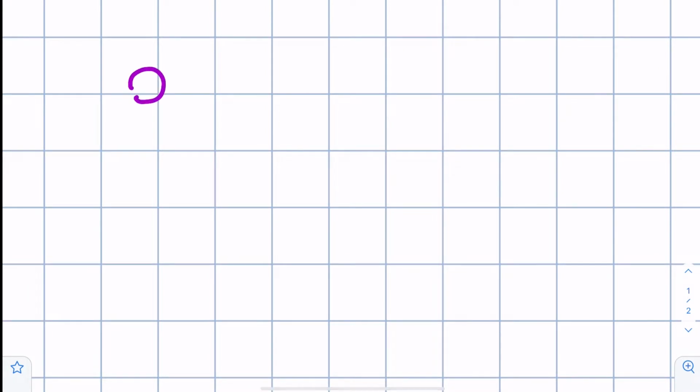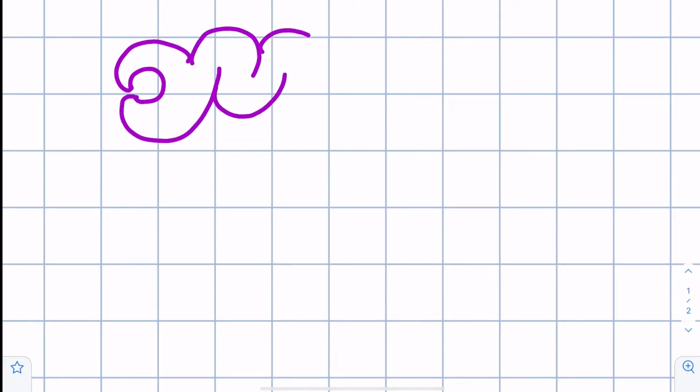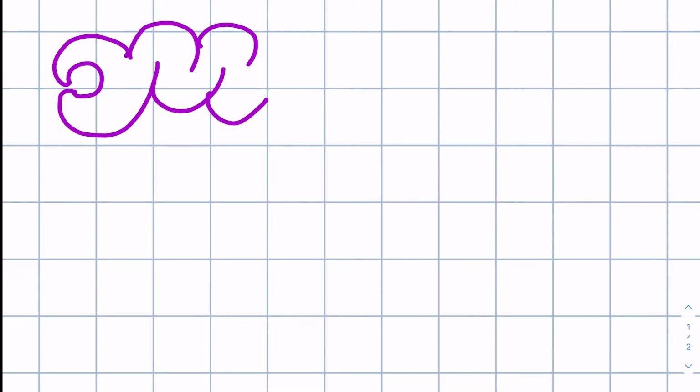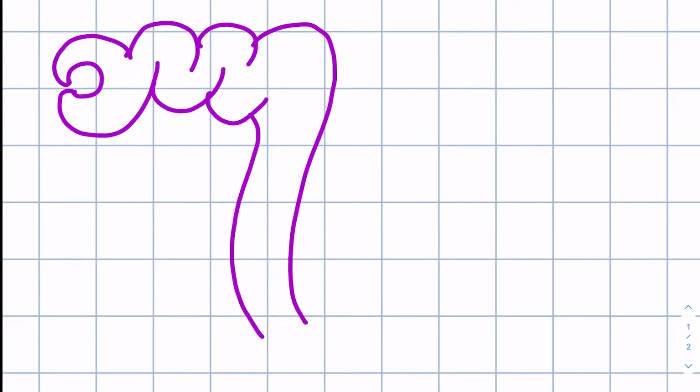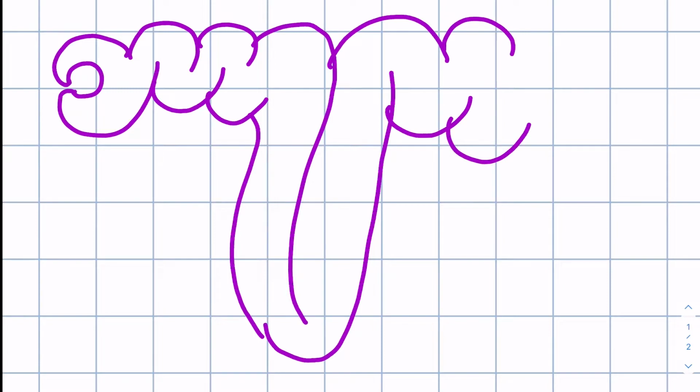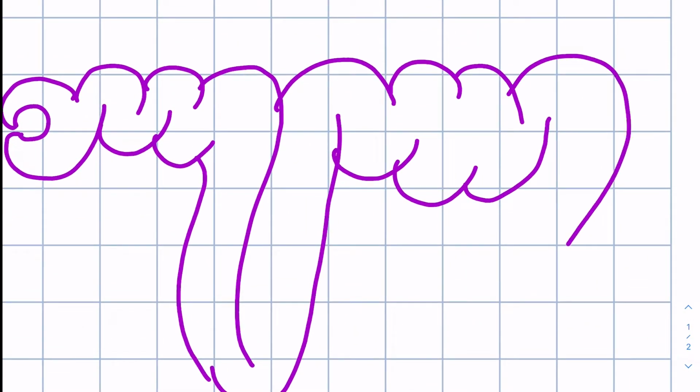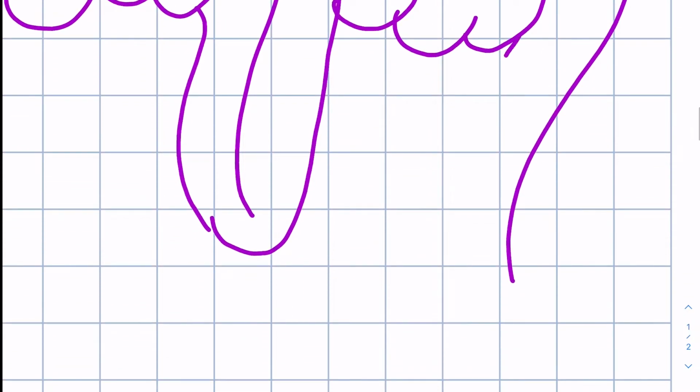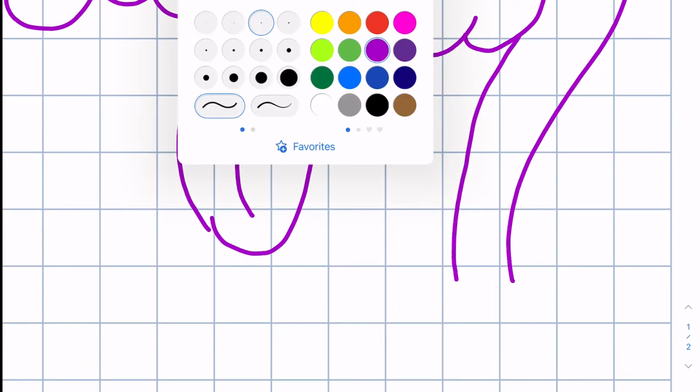So if we have a look at a nephron, there's our glomerulus, the PCT, the loop of Henle, the descending part, and the ascending part, the DCT, and then we have our collecting ducts here.